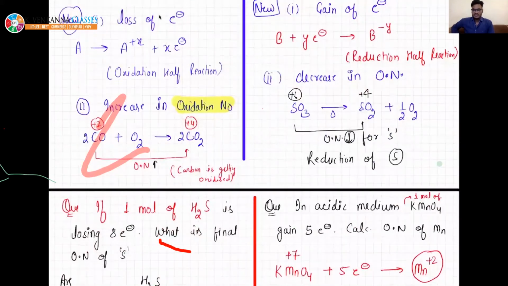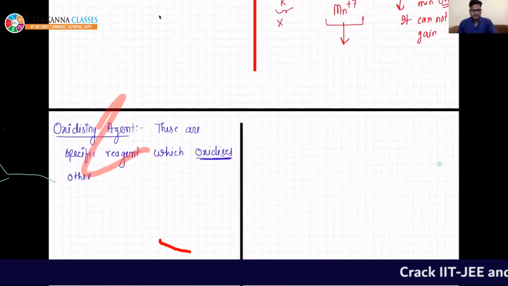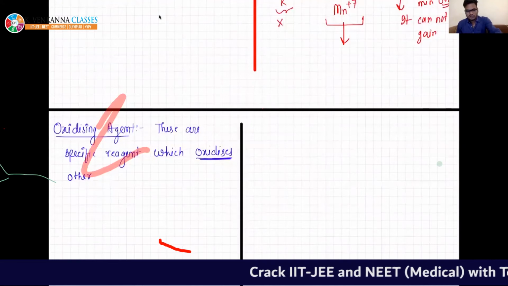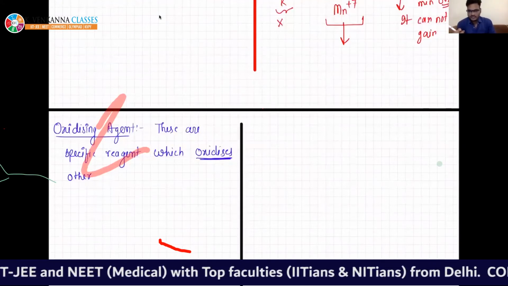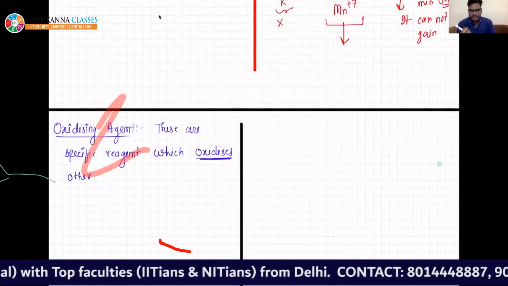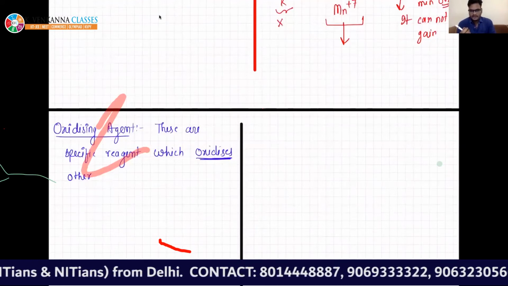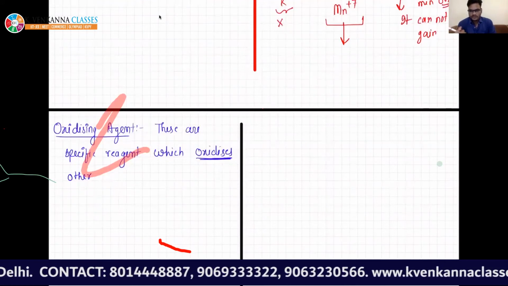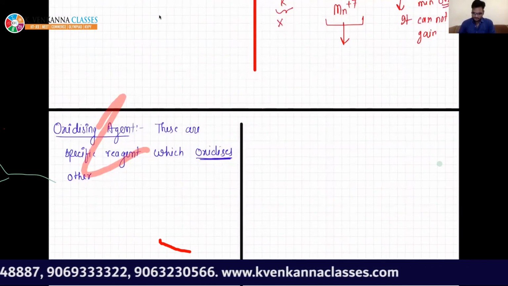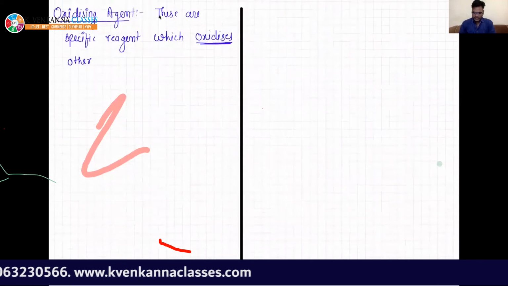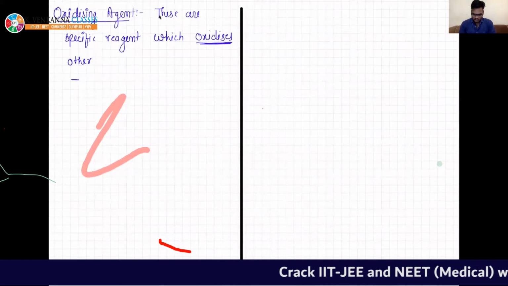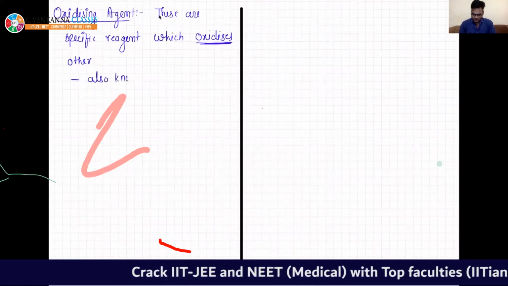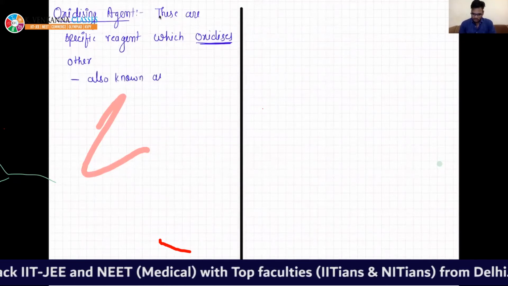Agents always work for others. Ticketing agents try to make tickets for others. Traveling agents try to book flights or anything for others. So they are specific reagents which oxidize others, also known as oxidant.